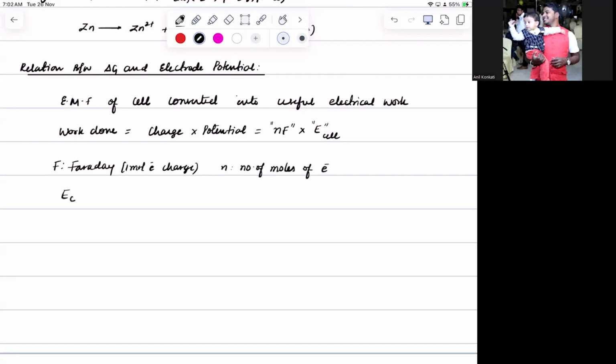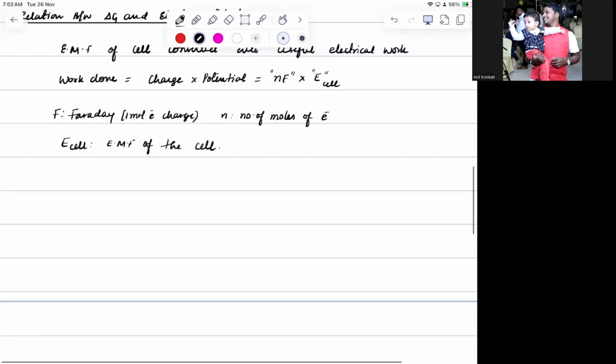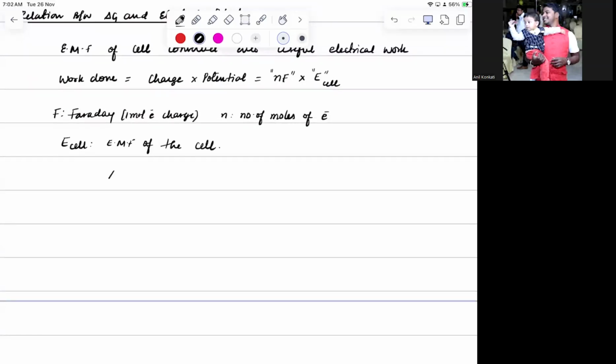And E cell represents electromotive force of the cell. If it is for an electrode, it will be of the electrode. So therefore, delta G, which is the useful work, can be represented as minus nF E cell.